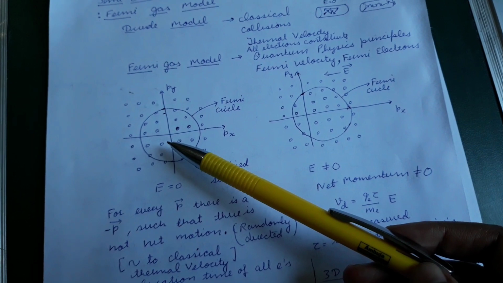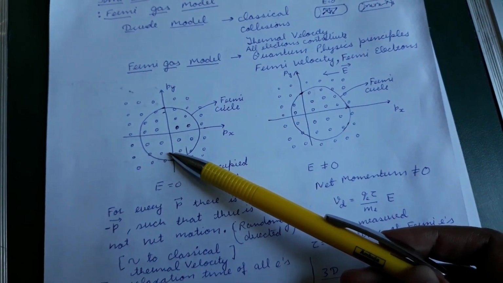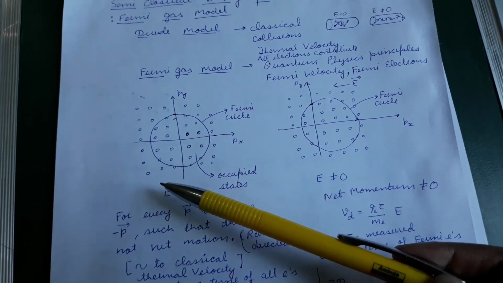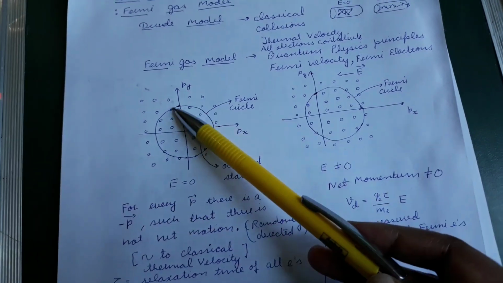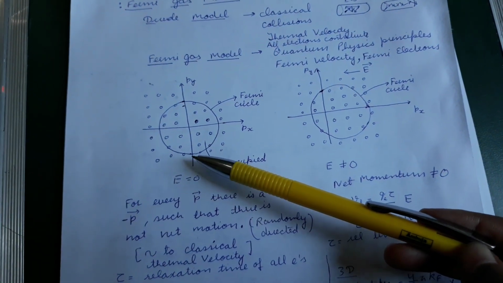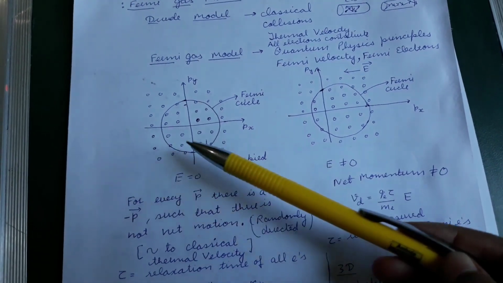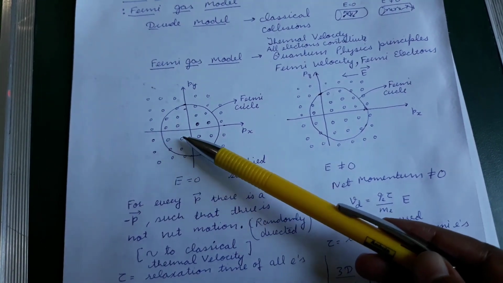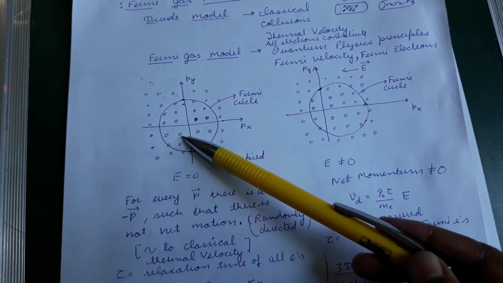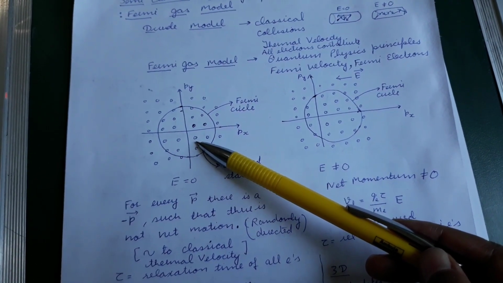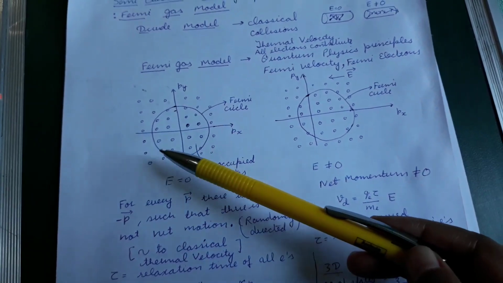If it is a two-dimensional material, but because we are considering a wire, it will also have some amount of thickness, so we can consider this as a circle. So we see that if there is no electric field, then this sphere will have an equal number of negative momentum vectors as positive momentum vectors, and that is where the total net momentum will be 0.